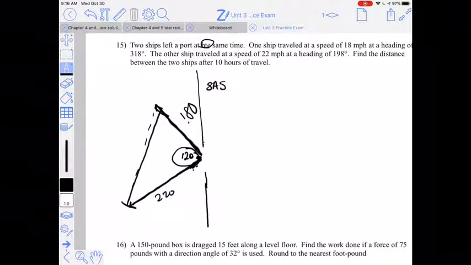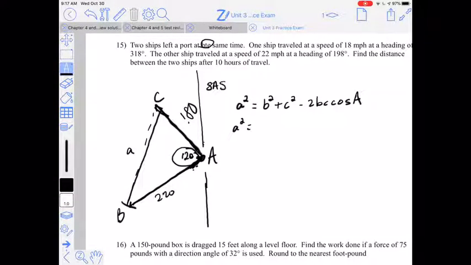So if we were going to label this as A, B, and C, then what we're looking for is side A. So we would need this version there of law of cosines.